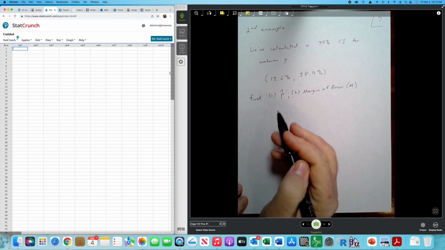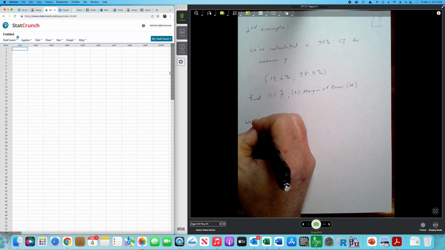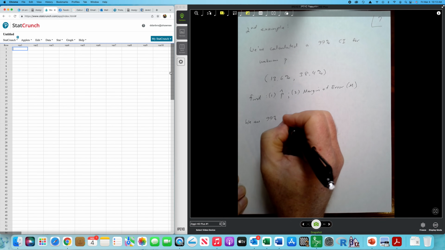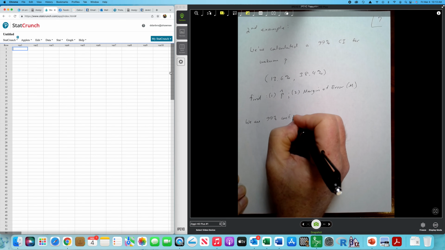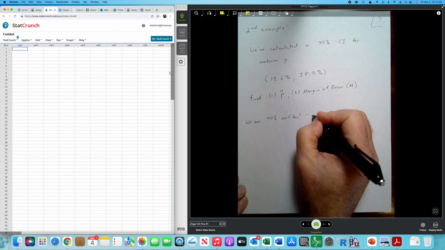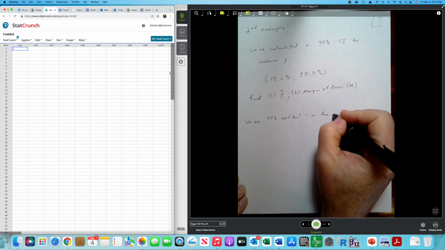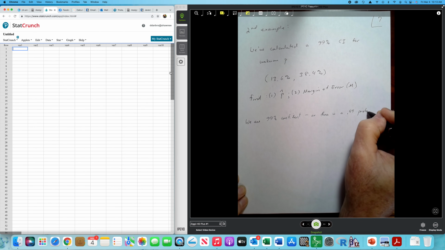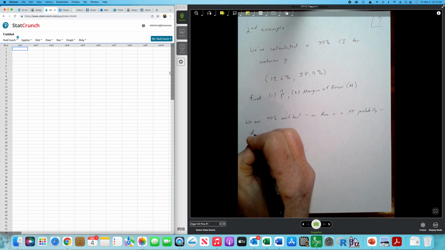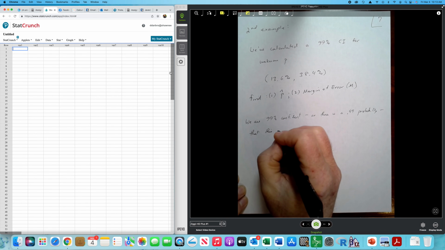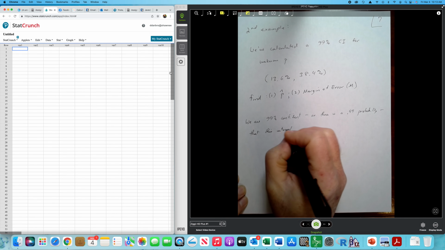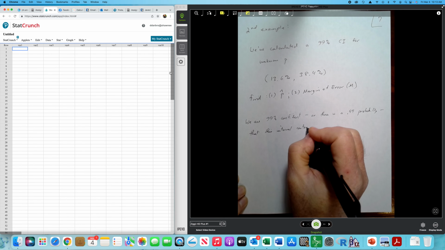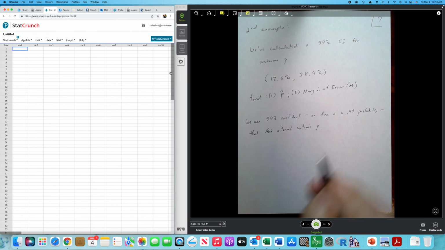So what we can say, first of all, is we are 99% confident, or there is a 0.99 probability, that this interval contains P, which is the population proportion, which is unknown.